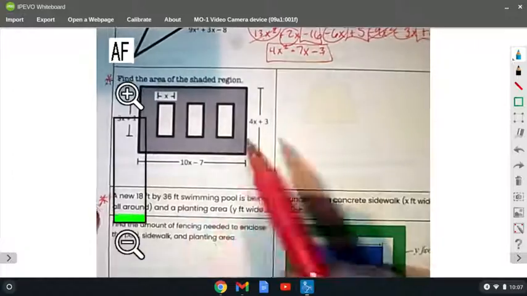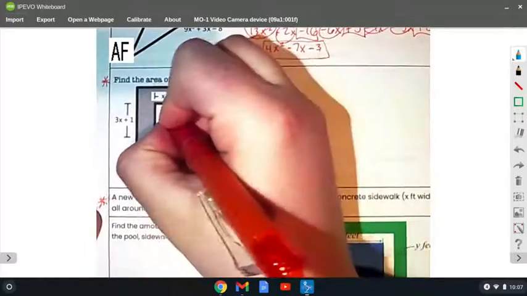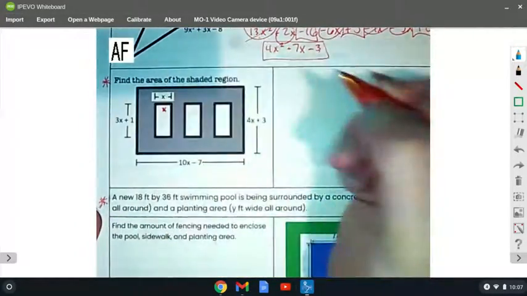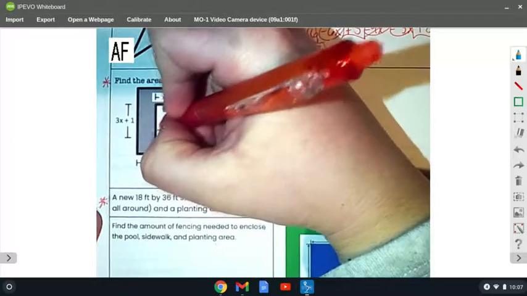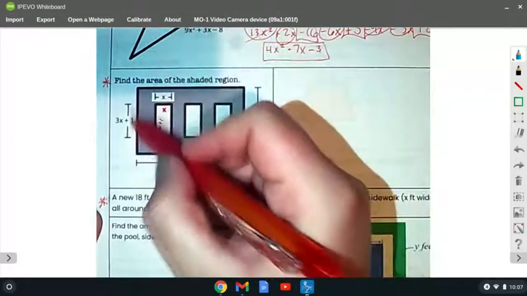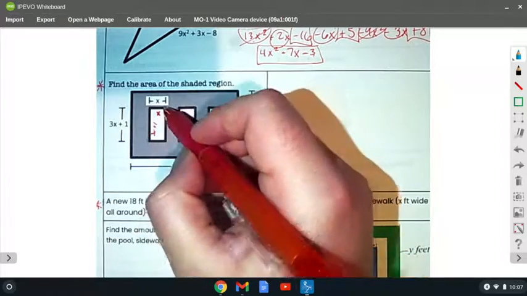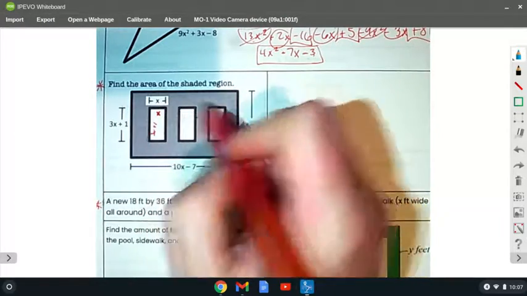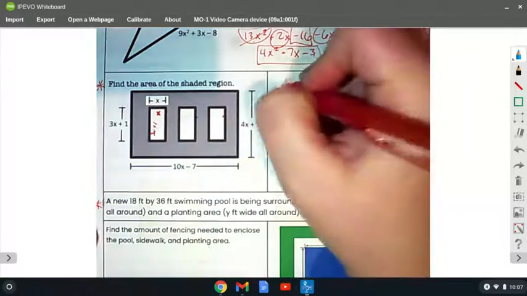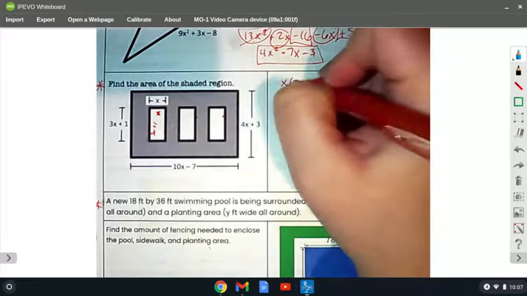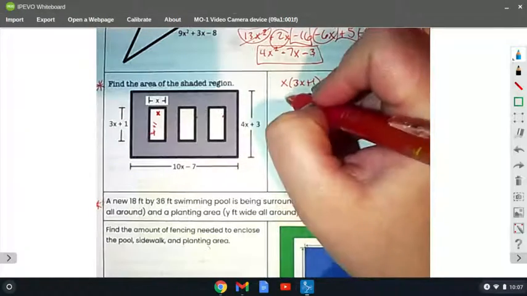Okay. Finding the area of this shaded region, this is a little bit of a challenge problem. So if you look here, they're giving you that this width is x, and this length is 3x plus 1. They wrote it right here. So I'm going to find the area of one of these boxes, and then I'm going to multiply it by 3 because there are 3 boxes. So the area for one of them is x times 3x plus 1.